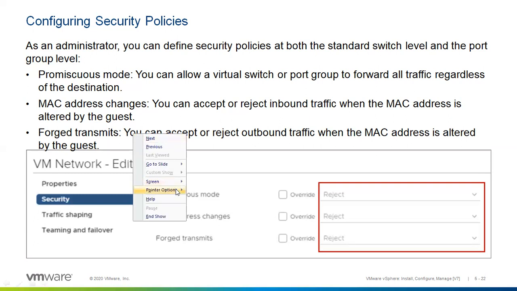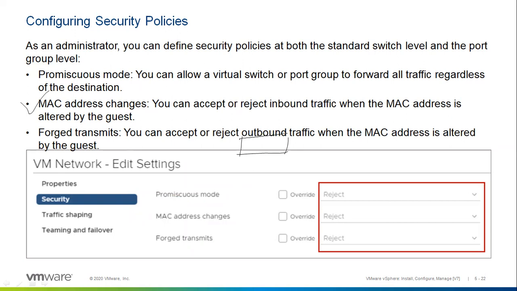Okay, sir. So the next point is MAC address change. When I say MAC address change, again I will take an example, you will understand it better. Let us suppose this is my virtual switch, or let us suppose this is my port group.